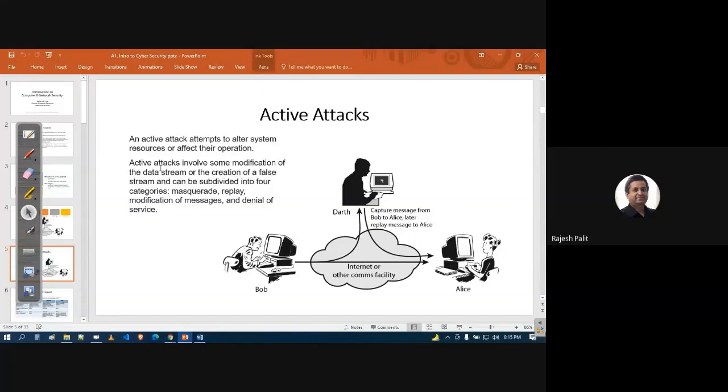Active attacks involve some modification of the data stream or creation of a false stream. It can change a message, say flip the bits inside a message, or create a false stream. It can be subdivided into four categories, and we will see that later on: masquerade, replay attack, modification of messages, and denial of service. So these are the active attacks.